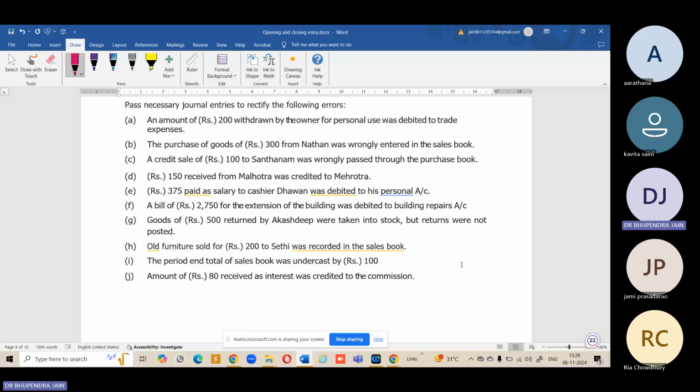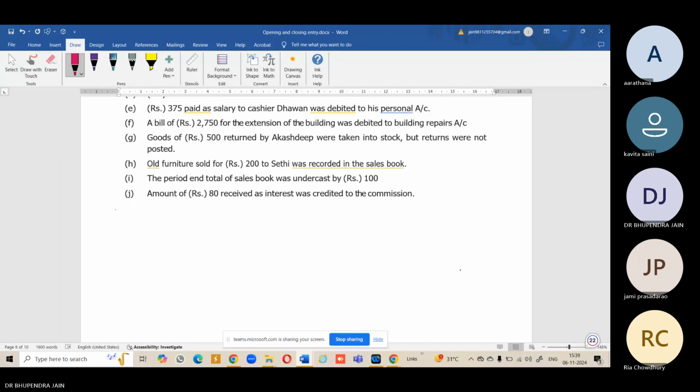Okay, so a common question is given. We have to rectify whether it is a single side error or a double side error. According to the situation, according to the statement, then we will rectify the error.